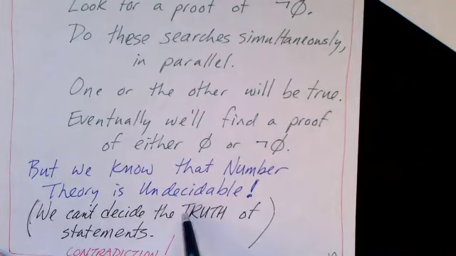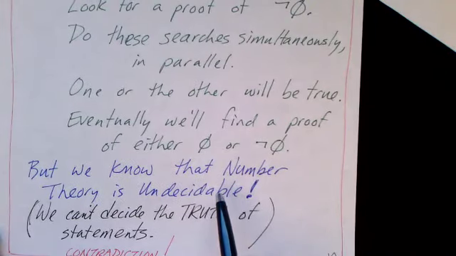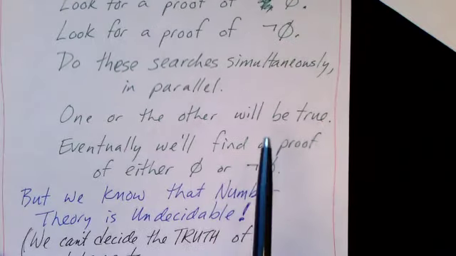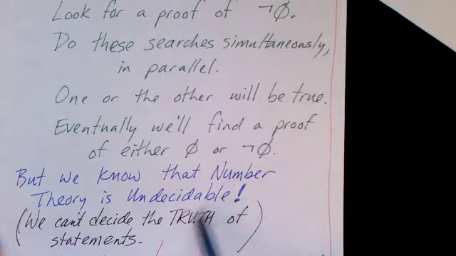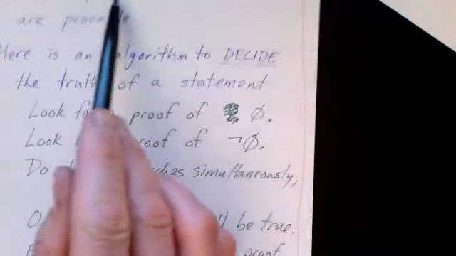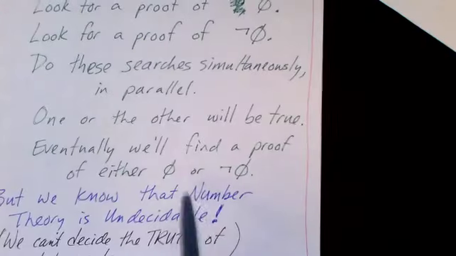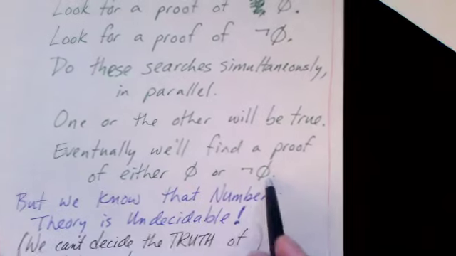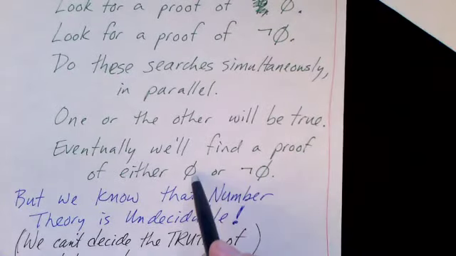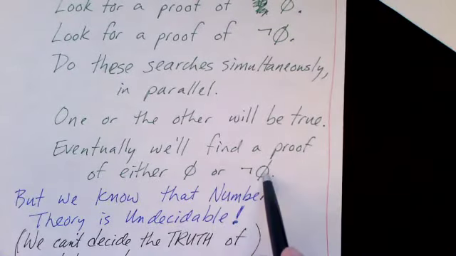Okay, we know that the set of true statements is undecidable, but we've just figured out a way to find the truth of a statement. Assuming all true statements are provable, then all we have to do is find a proof, and we can enumerate all the proofs for the statement and for its negation. So therefore, we can find a proof that it's true or the proof that it's false.